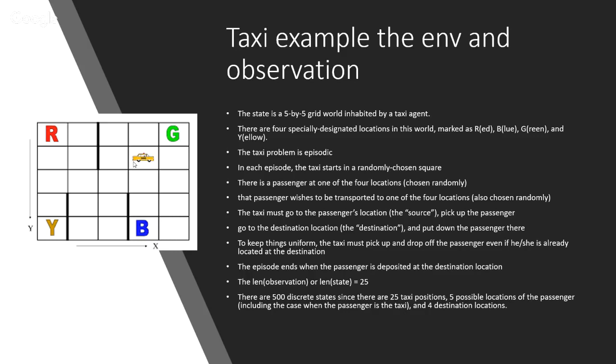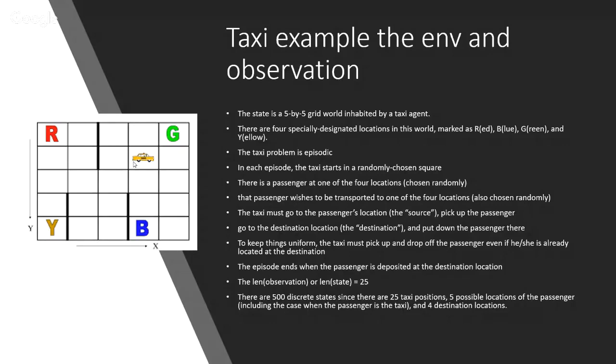So basically, there's a passenger at one of the 4 locations, also chosen randomly, and that passenger wishes to be transported to one of the 4 locations, also chosen randomly. So there's a lot of random in this environment. Basically, the taxi must go to the passenger's location, the source, pick up the passenger, and then take them to the destination and put the passenger there. To keep things uniform, the taxi must pick up and drop off the passenger even if she is already located at the destination.